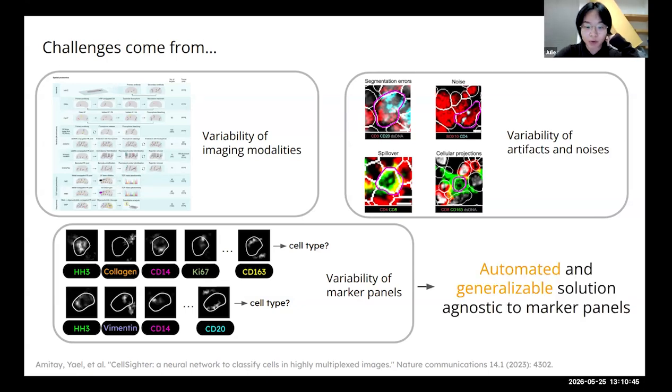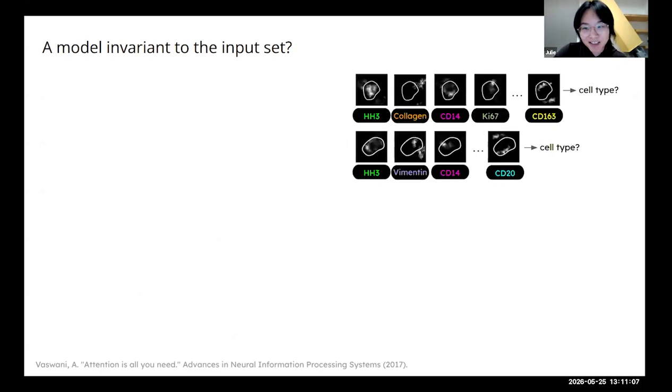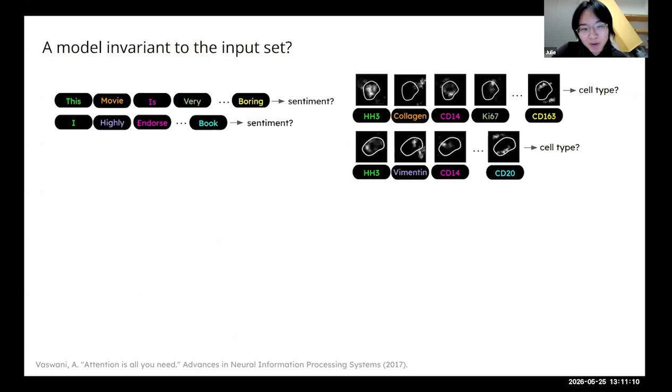I think prior to our work, there was no model that could achieve an automated and generalizable solution agnostic to marker panels. We pondered on this problem for quite some time because it's a little bit daunting: how can you find a model invariant to the input set? But when you think about it really closely, you realize that this problem is very similar to a language task.